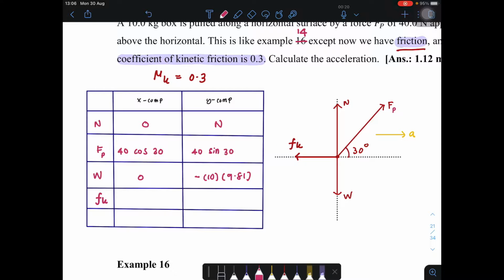We know that friction force is equal to mu K times the normal force. It is going to the left, so it is negative 0.3 N. And this one will be 0. The others are the same. On the x component we have ma, and the y component is equal to 0.